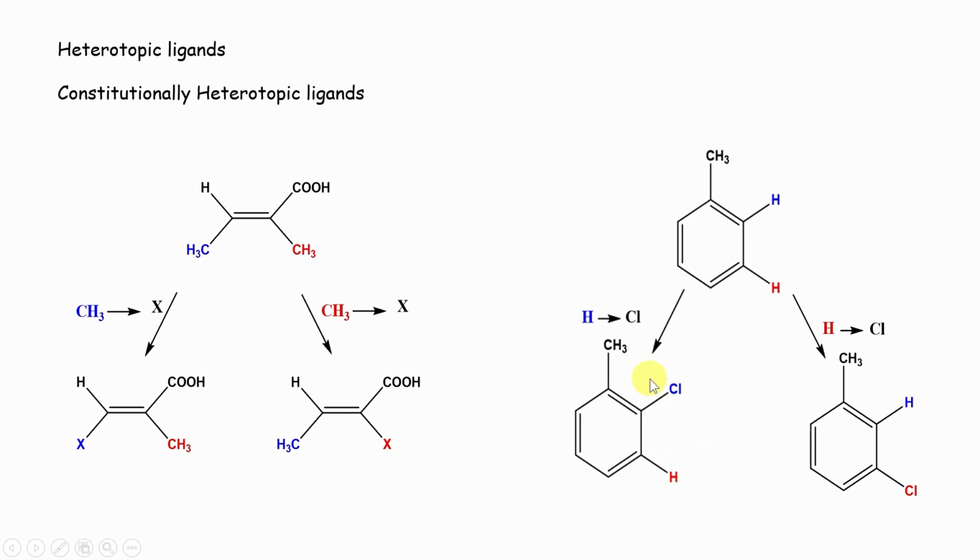See, ortho-chlorotoluene and meta-chlorotoluene are constitutional isomers, and hence these two hydrogens are constitutionally heterotopic ligands. In this case, these two methyl groups are constitutionally heterotopic ligands, while in this case, these two hydrogens are constitutionally heterotopic ligands, because on replacement of these ligands, we will get constitutional isomers.